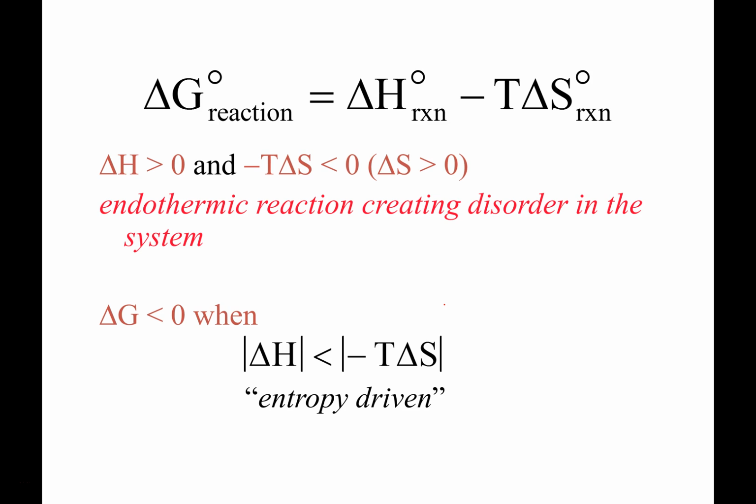Your Gibbs free energy could be negative if your enthalpy term is less than your entropy term. And if you are successfully spontaneous, as indicated by the negative delta G, we say that it is entropy driven, okay? So enthalpy would have won otherwise, but entropy won out.